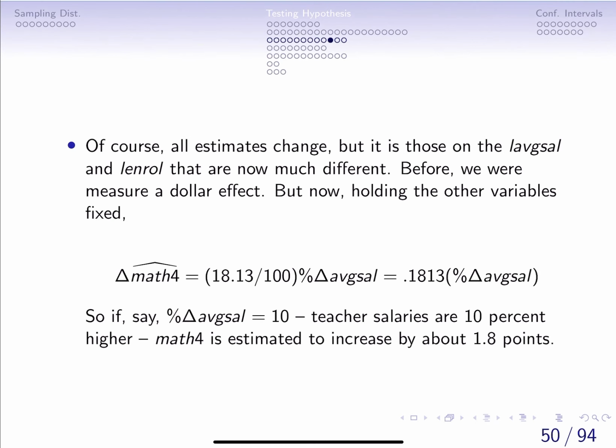Okay, so now if we look at how we interpret these variables, notice earlier when we had just average salaries and not the logs or enrollment, if we think about salaries, earlier we were only measuring a dollar effect, but now we are going to have some sort of a percentage effect. So you can take a look at this, and here it says that Math 4 is estimated to increase by about 1.8 points if teacher salaries are 10% higher, right?